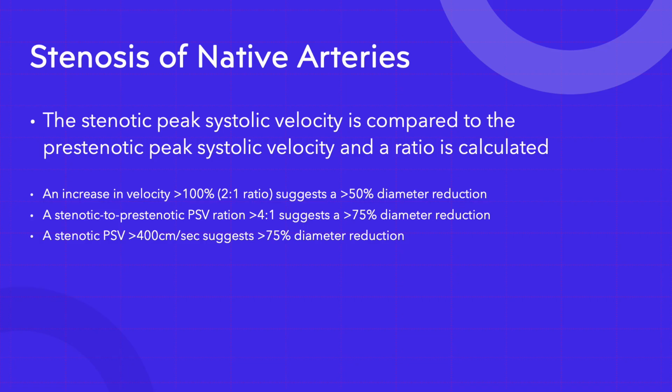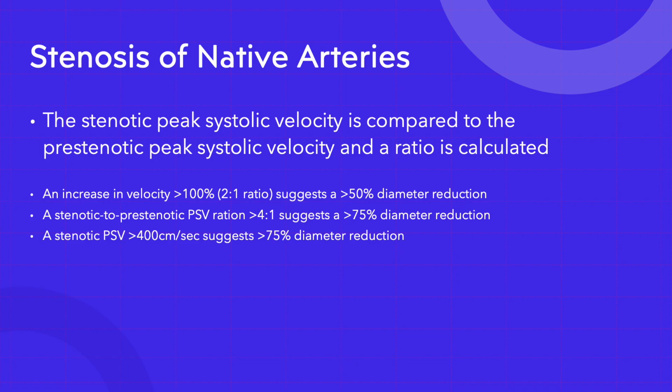That suggests greater than 50% diameter reduction. A pre-stenotic to post-stenotic peak systolic velocity ratio greater than 4:1 suggests 75% diameter reduction. A stenotic peak systolic velocity of greater than 400 centimeters per second suggests greater than 75% diameter reduction.